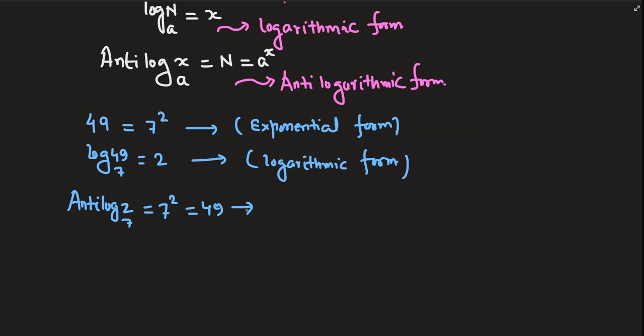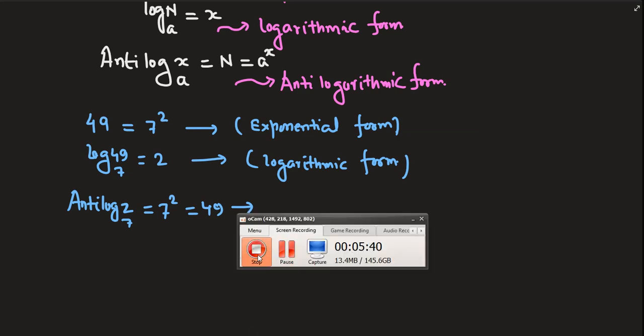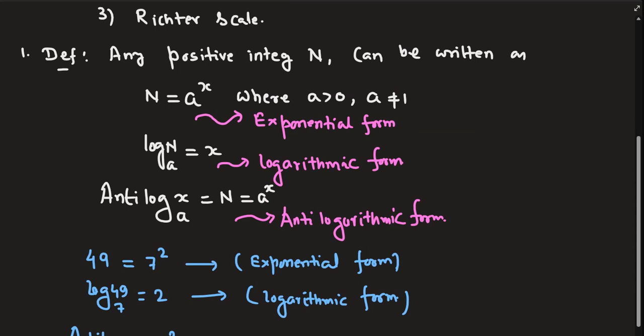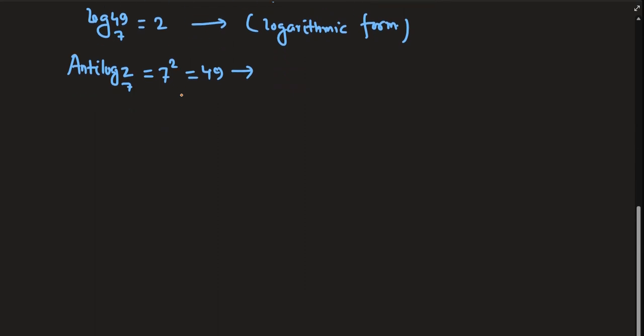So what we see is that in case of anti-logarithm, we actually find the n, and in case of logarithm, we are going to find the x. So in case of logarithm we will find the x value, and in case of anti-logarithm we will find the n value.